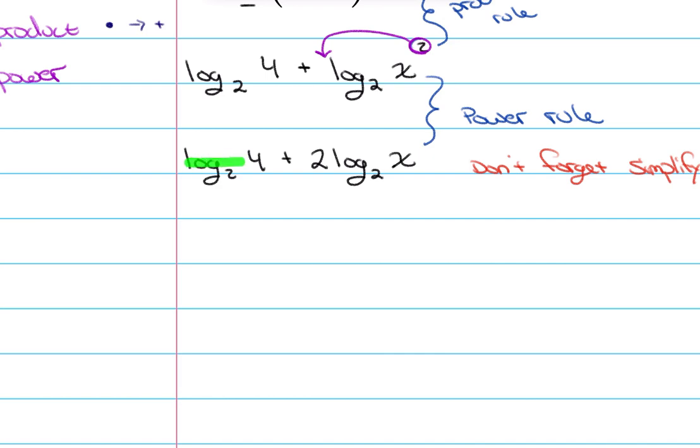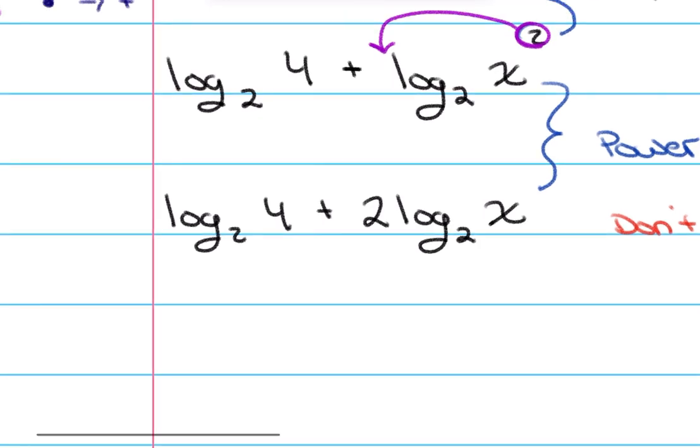I have the log base 2 of 4. Well, I know 2 and 4, you can raise 2 to a power, right? I could make this 4 become a 2 squared. So what power would you raise 2 to get that 4, to get that 2 squared? You would raise it just to the second power. That's how I know that's a 2.